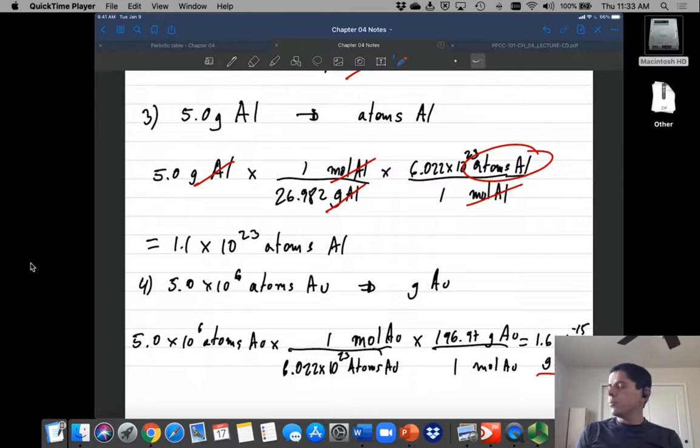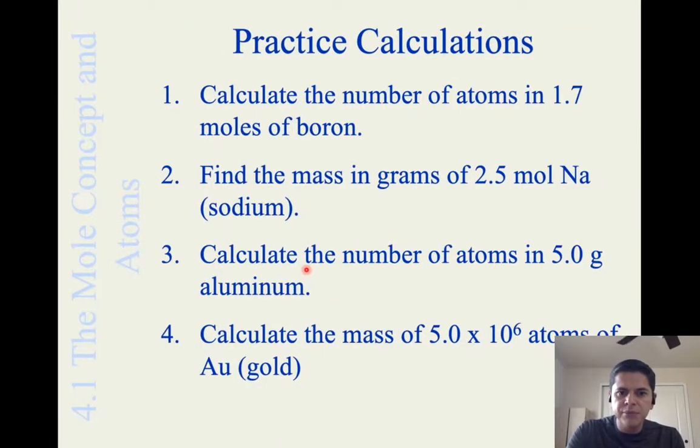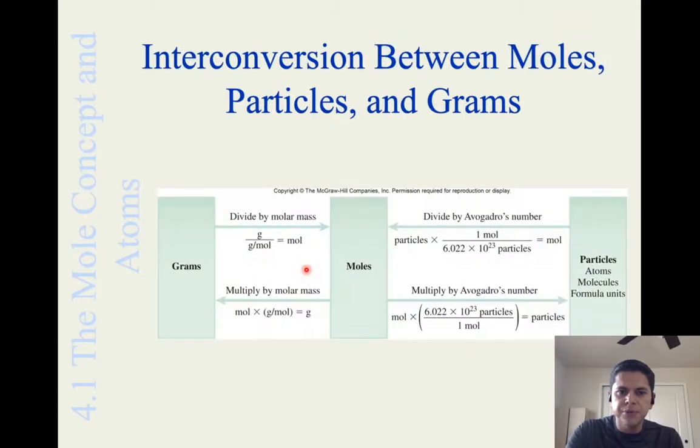Good. So to wrap up this, I will show you something that I want you to see and then to forget. This is very much what we did. From grams to moles, you do this, or from moles to grams, you do this, from this to this, you do that. Do not attempt to memorize it, okay? It's good to become familiar with it.